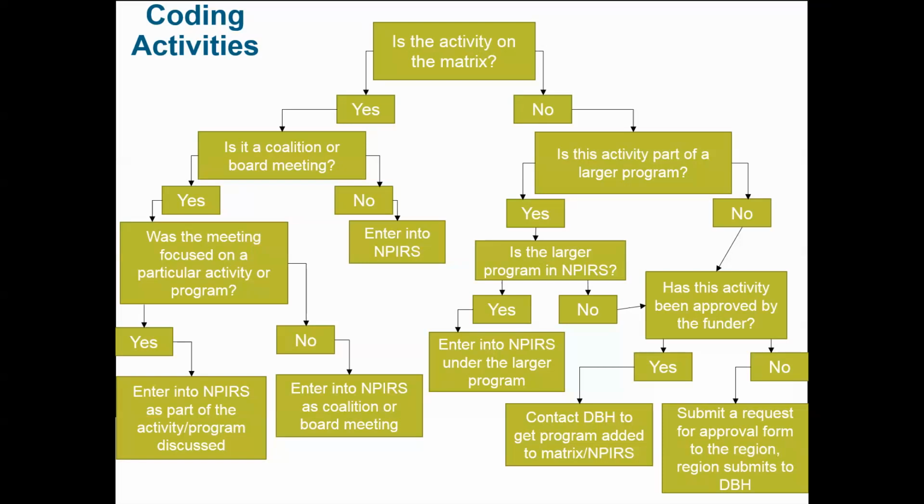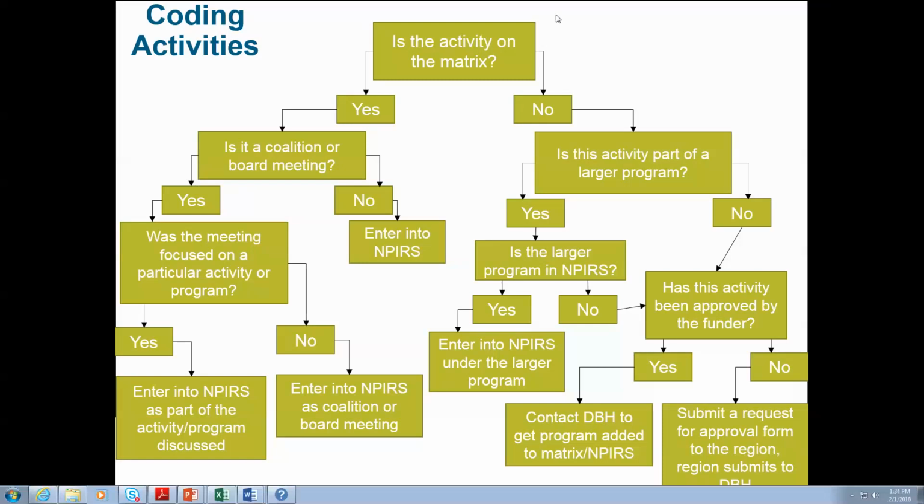If your program is not on the matrix of activities, but is a part of a larger program, then you would want to check if that larger program is in NPIRS. If it is, use that. If it's not, or if the activity is not part of a larger program and isn't in NPIRS, then you would want to talk to your funder, so typically that's the region, and make sure that activity is approved, and if it is, then you will want to submit to us a request for approval form.